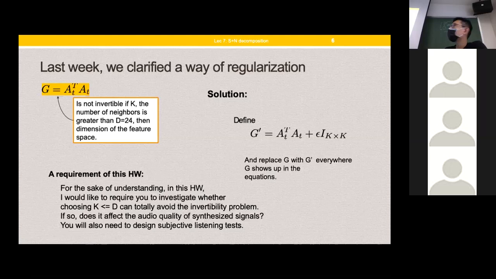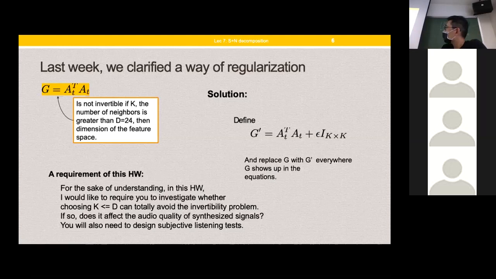Regardless, epsilon is just a small number, a scalar, a positive small number. I believe it should be positive. And you get to explore that. Choose an epsilon and see how that affects the results.